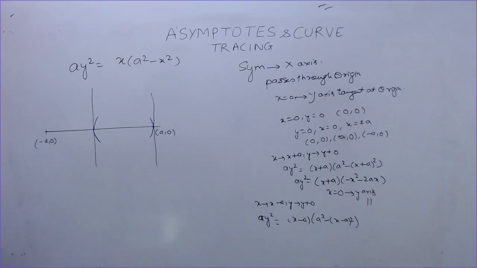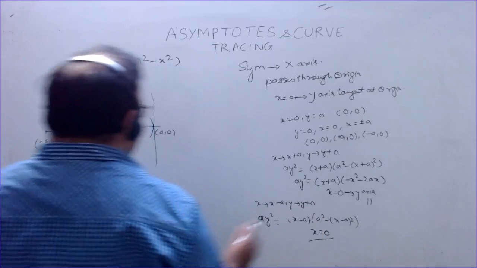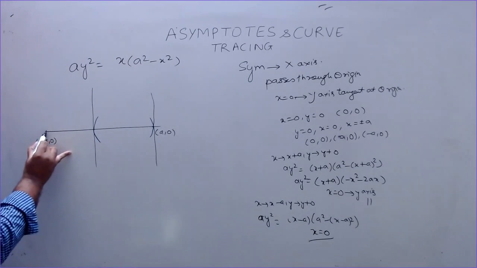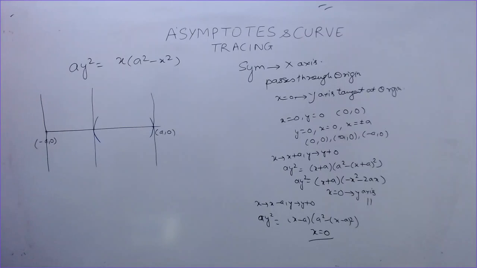Here you will find that the lowest degree term is again x equal to 0. So the tangent is parallel to the y-axis. This is the tangent parallel to the y-axis, x equal to minus a.